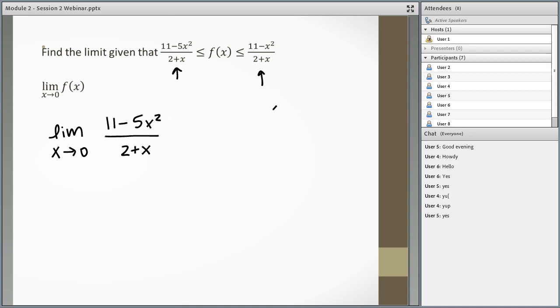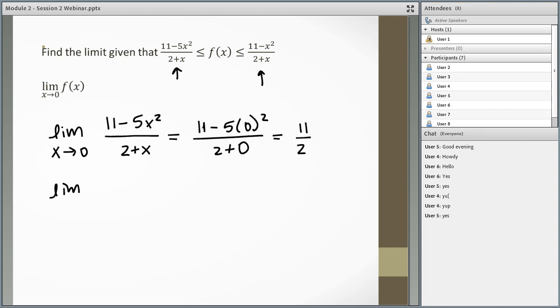The only place we'd have any issues is at x equals negative 2, and we're not taking the limit as x approaches negative 2. So we can do a direct substitution. So I have 11 minus 5 times 0 squared over 2 plus 0. So I get 11 over 2.